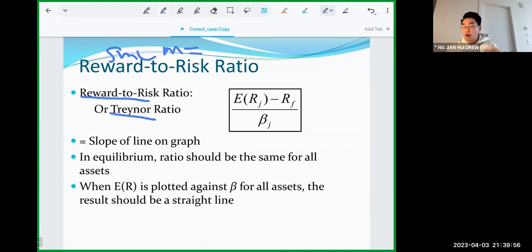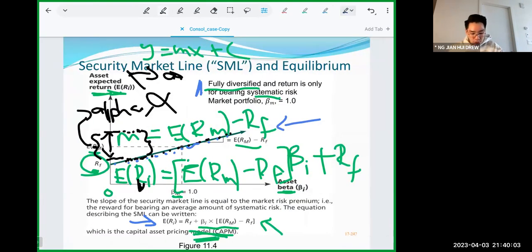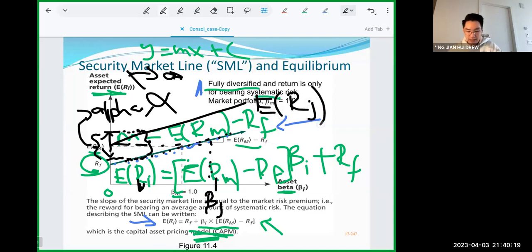But let's say we do not want to use the market beta. I'm just going to flip back. Let's say you just want to use a random point here, random point B, let's say beta J. So this random point beta J will give you a return of ERJ. It's just a random point.